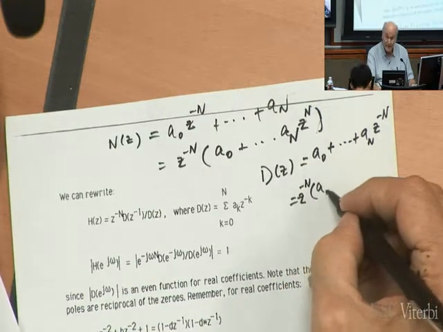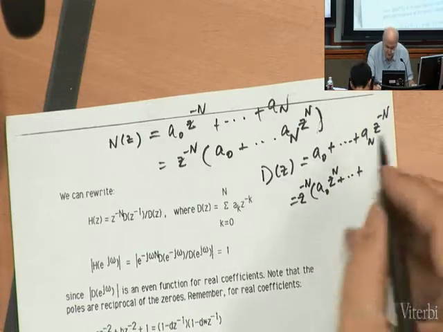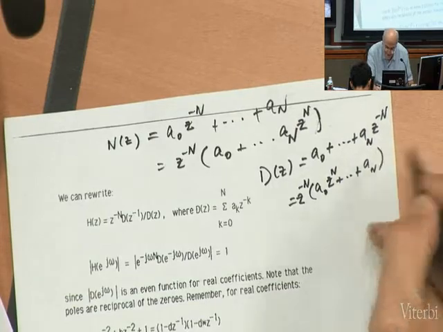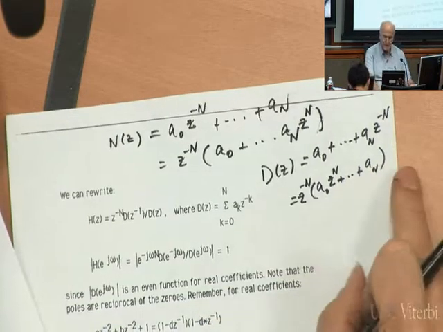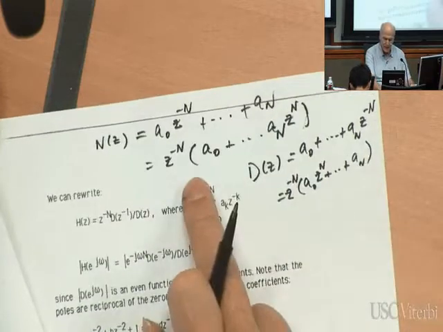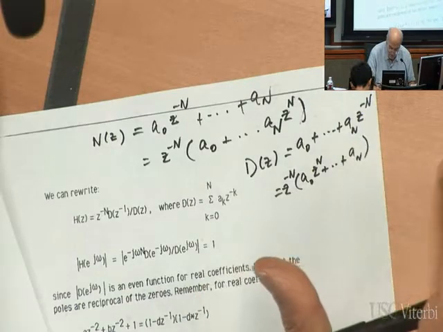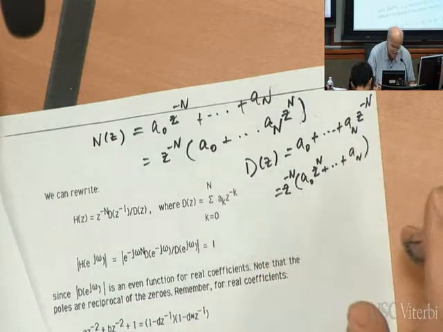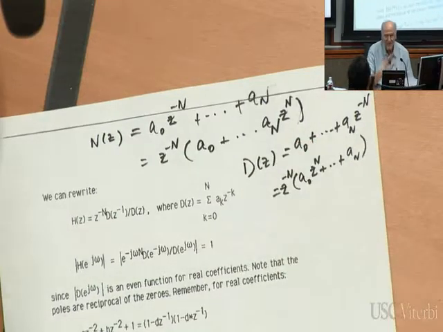I get a naught z to the n plus dot, dot, dot, plus a sub n. No, that isn't right. Oops. Okay, this is d of z. All right, scratch that.